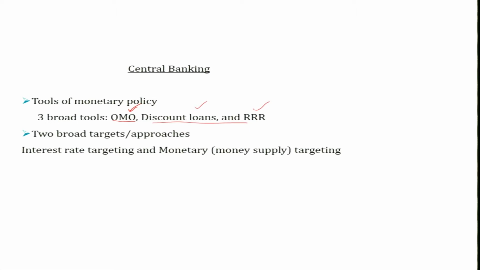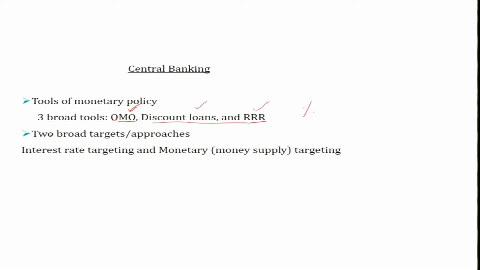And the required reserve ratio is a certain fraction of the total demand and time liabilities, the demand and time deposits, that the banking system has to keep with the central bank.